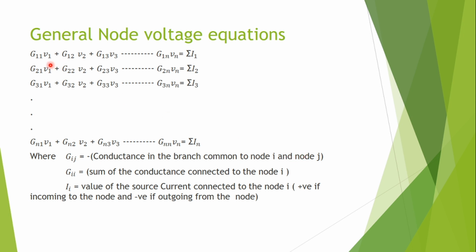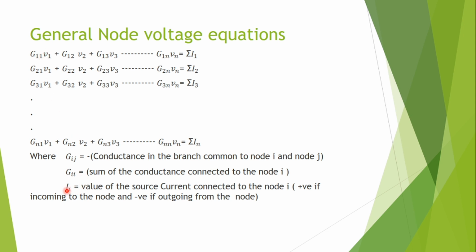So G12 is the negative of the conductance of the element connected between node 1 and node 2. Gii is the sum of the conductances connected to node i. G11 is the sum of the conductances connected to node 1.